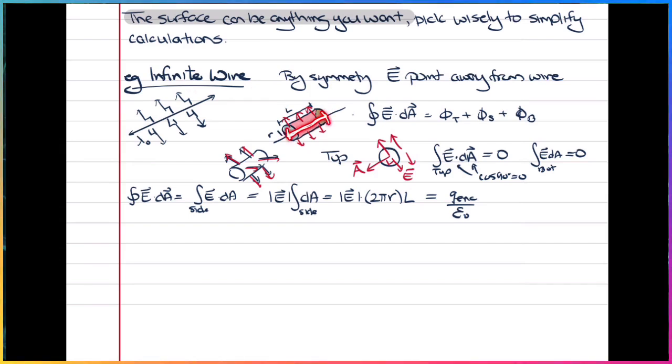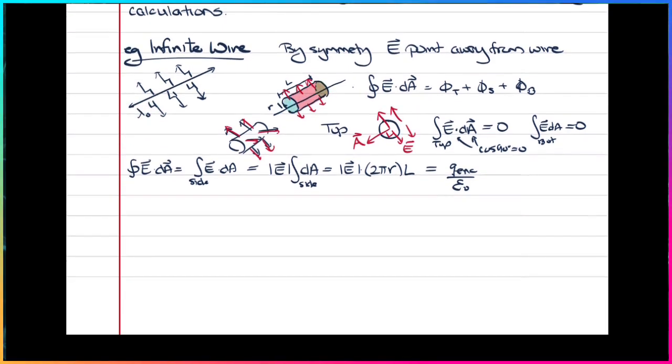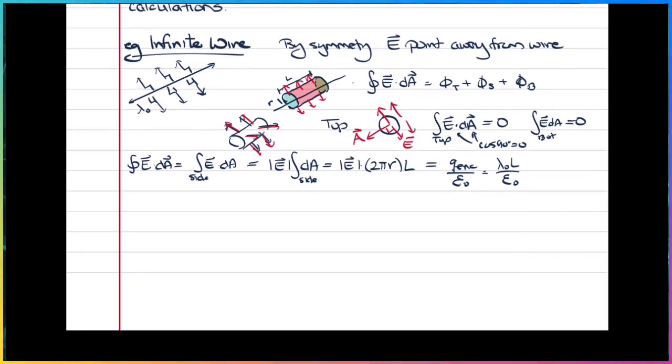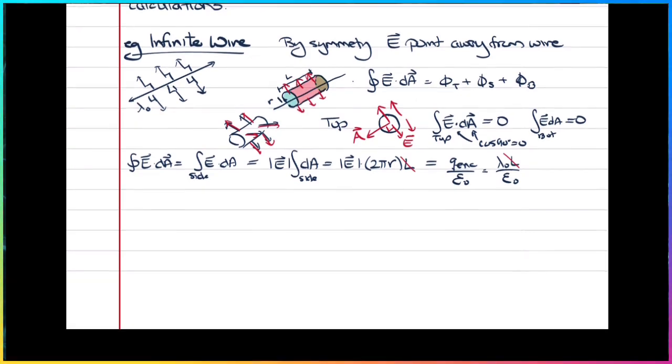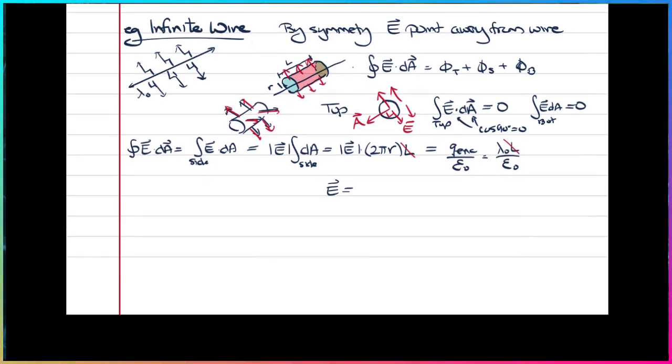It has length L and a charge density of lambda naught. Well, in that case, it's just lambda naught times L, all over epsilon naught. And then notice that the L's cancel. And at the end of the day, we get that the electric field looks like lambda naught, then I have 2 pi epsilon naught times r. And it points, this is what I was calling r perp, r perpendicular.